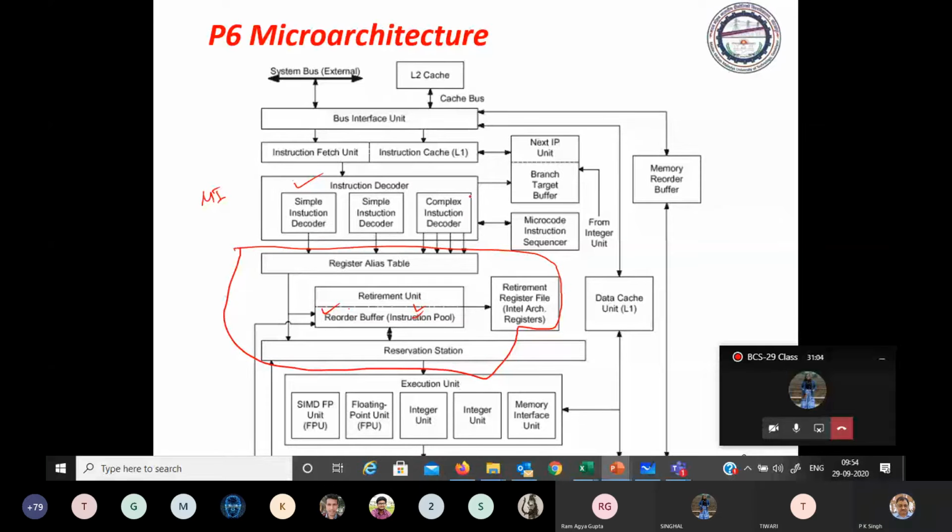Okay, here you see we have a register alias table. If you see the RISC architecture, in RISC we use a register file. Here again we use a register file.